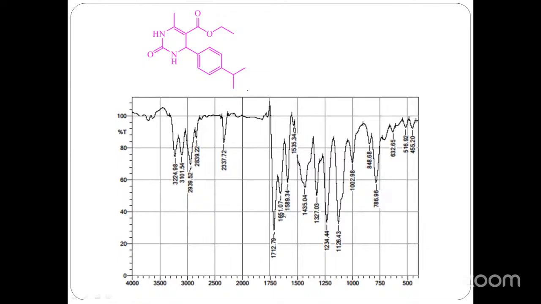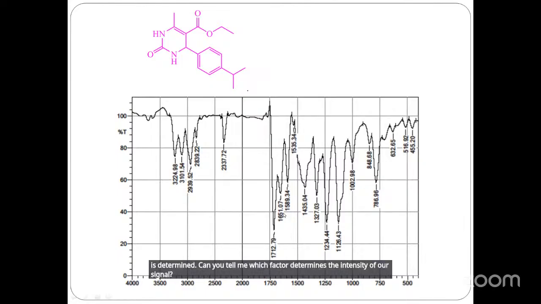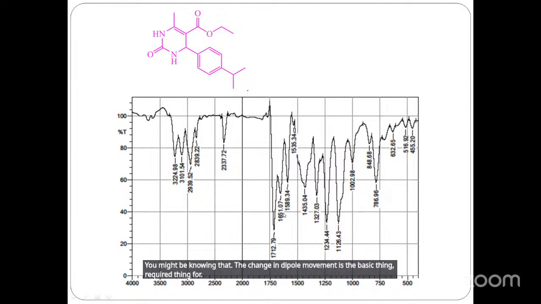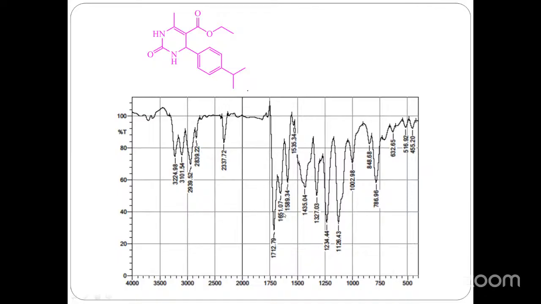Can you tell me which factor determines the intensity of a signal? You might know that the change in dipole moment is the basic requirement for a compound to show the IR spectrum.